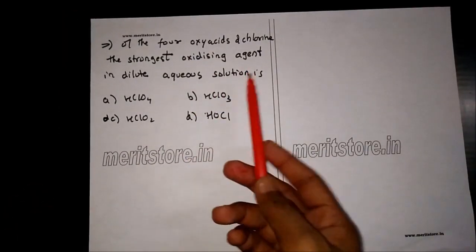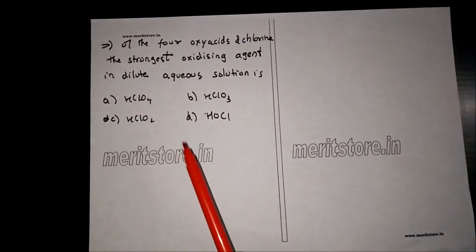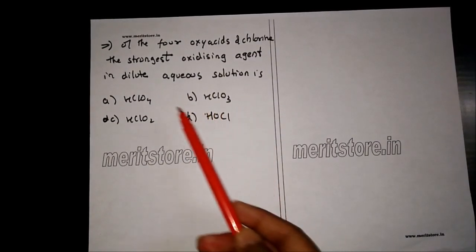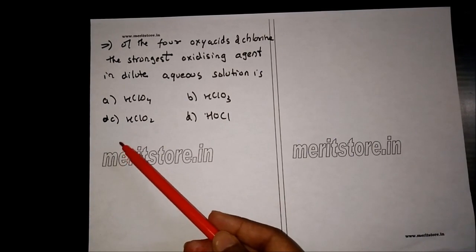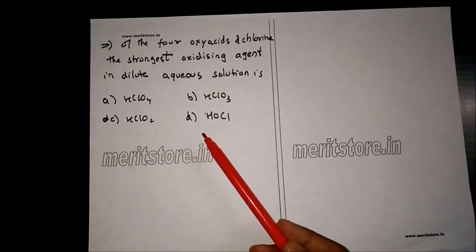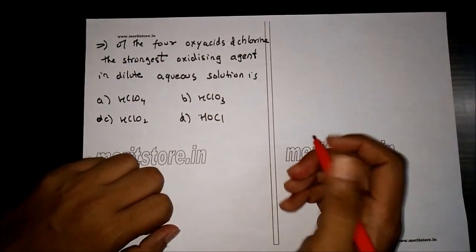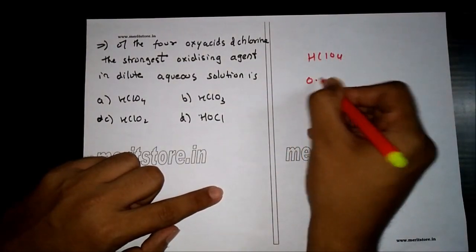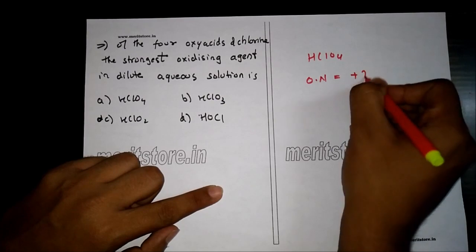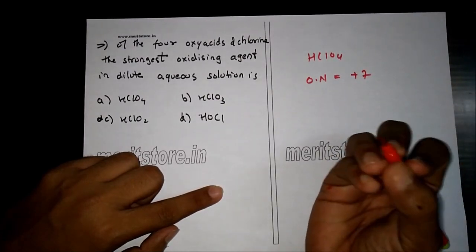Among the four oxyacids of chlorine, the strongest oxidizing agent in dilute aqueous solution is A, HClO4, B, HClO3, C, HClO2, and D, HOCl. Now, out of the four answers given, in HClO4 the oxidation number of Cl is +7. Hence, it is the strongest oxidizing agent.